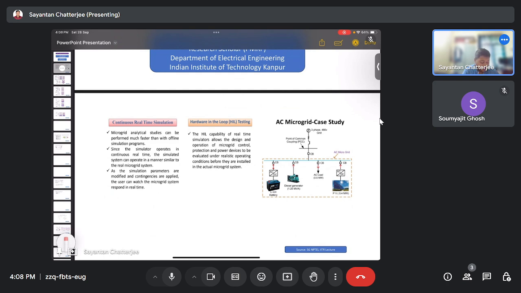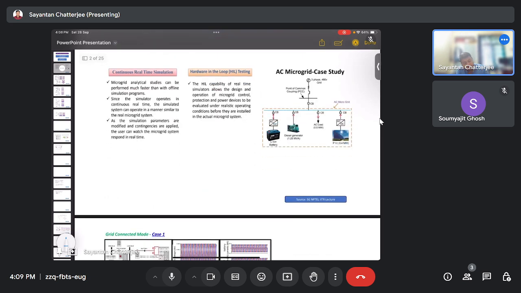operating phenomena. Okay. So microgrid analytical studies can be performed much faster with offline simulation programs. Here, what we get to know is detailed modeling.